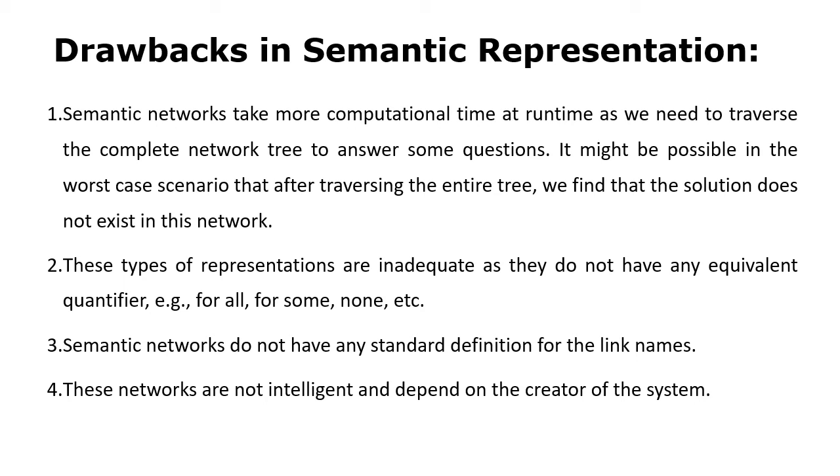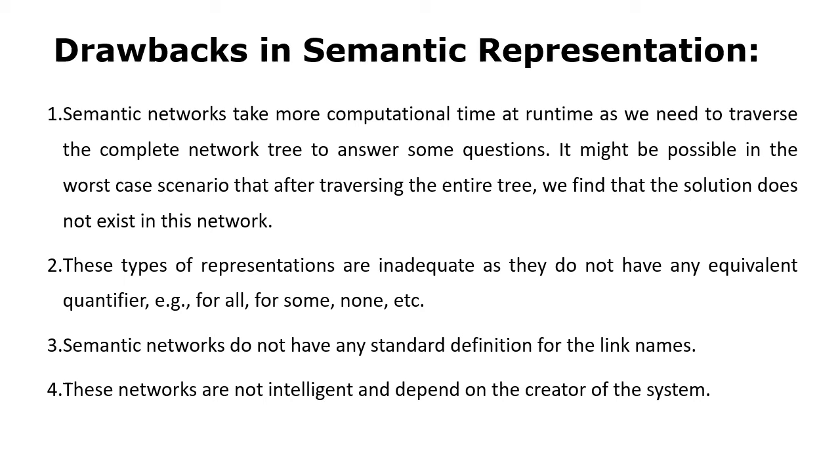These types of representation are inadequate as they do not have an equivalent quantifier, for example for all, for some, none. As we know, we represent this kind of knowledge like for all, for some, none with the help of existential quantifiers and for all quantifiers, but we do not have such aspects here.